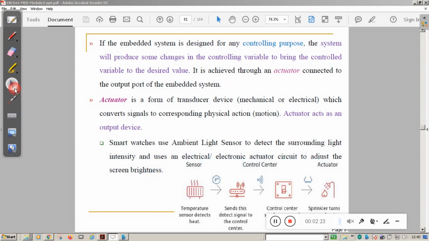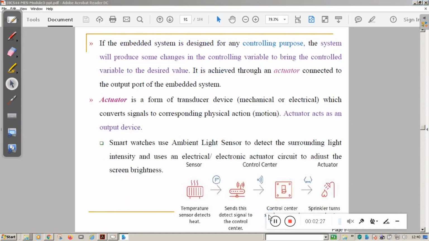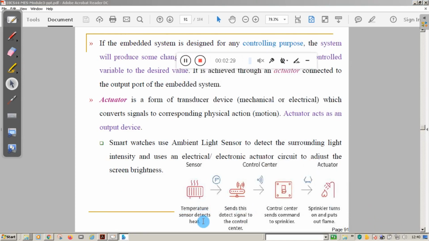Similarly, we have one more example here, a temperature sensing sensor in this diagram. Temperature sensor detects the heat, and this information is passed to the controller, where it will be processed by the microcontroller or microprocessor, and after that necessary changes will be implemented through the actuator.